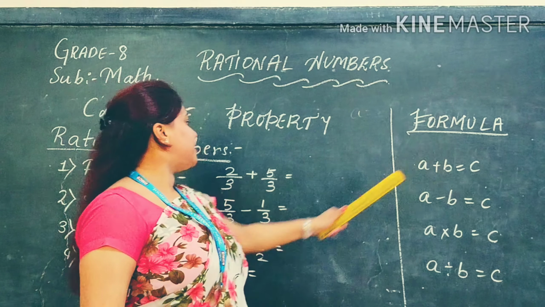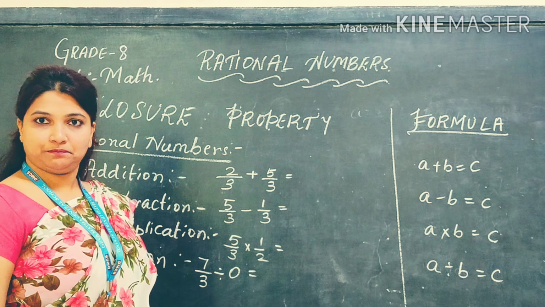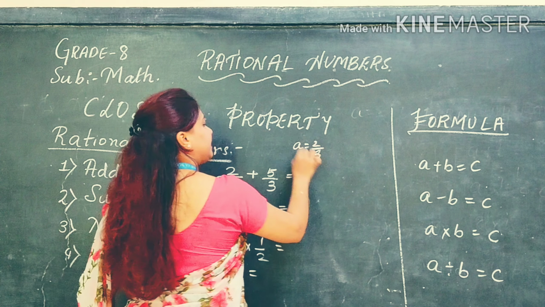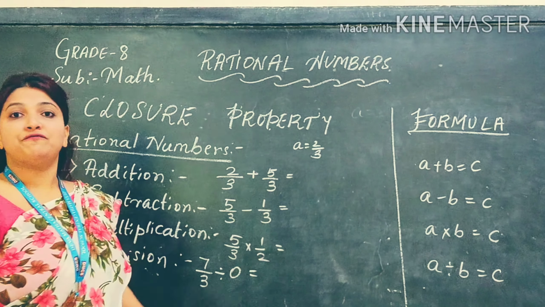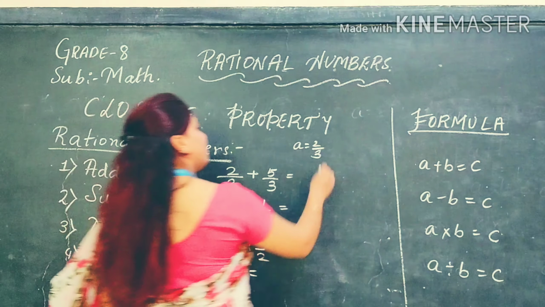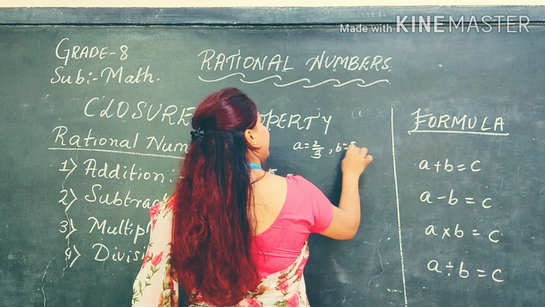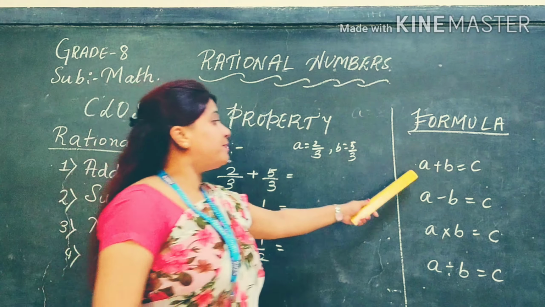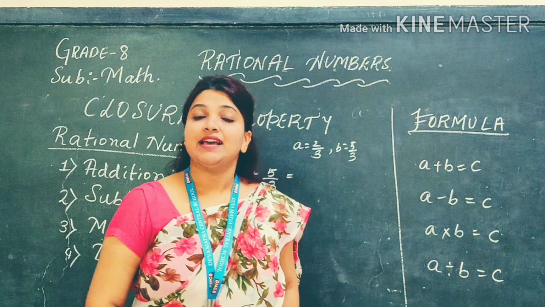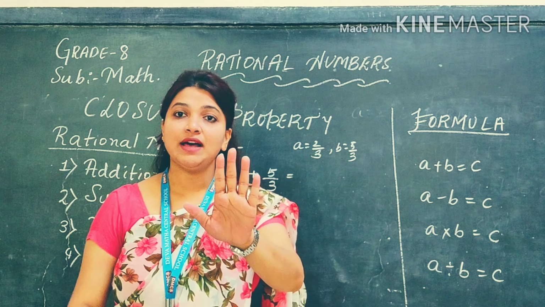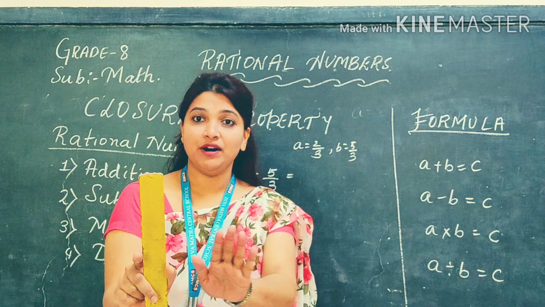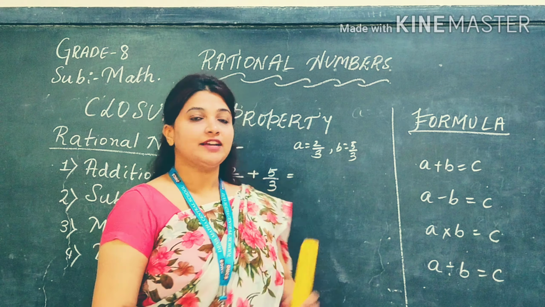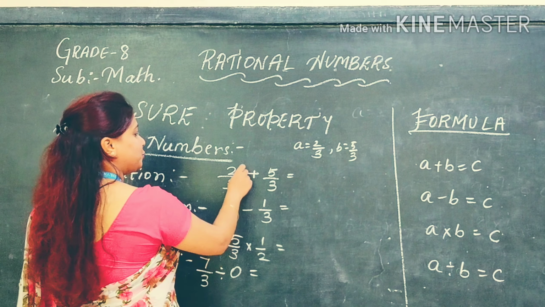So, let A be equal to 2 by 3, and B is equal to 5 by 3. According to the closure property, A plus B should give me C, that is my rational number. When I add a rational number, I should get again a rational number. Alright. So now, what is A? 2 by 3.